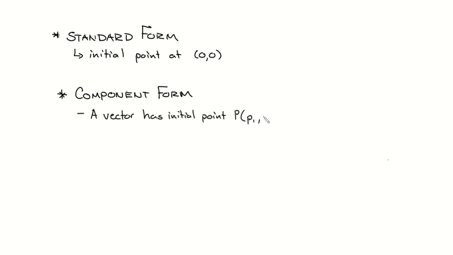We're going to call it P1 comma P2, so it's some coordinates. Cool. And terminal point at Q, which we'll just say that by definition that's Q1 and Q2. So any 2 points, and we just keep it straight by P and Q.